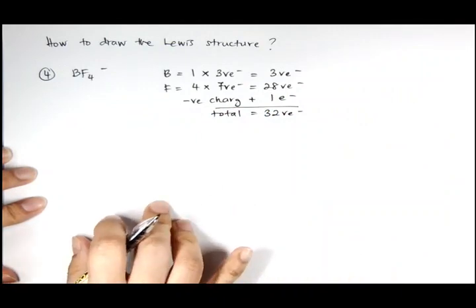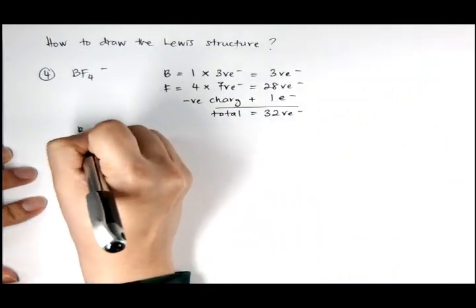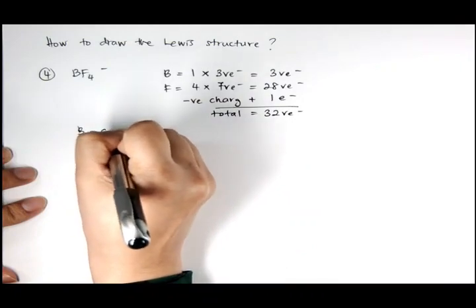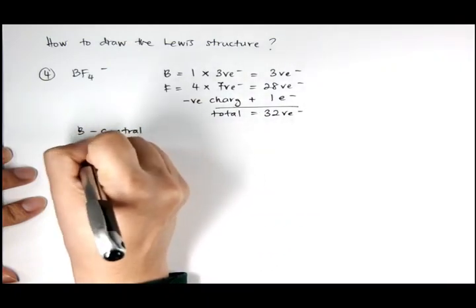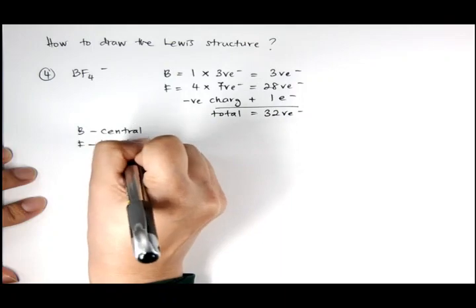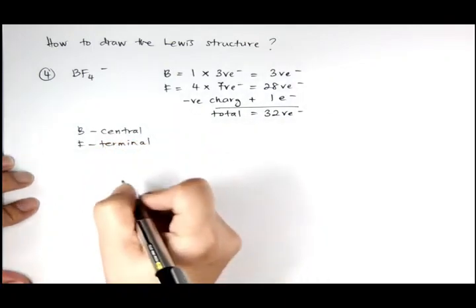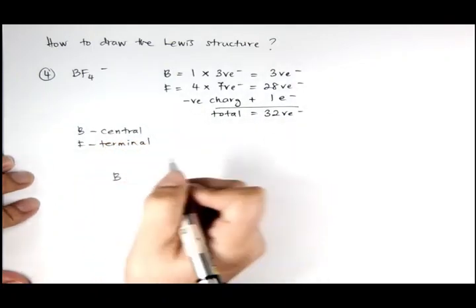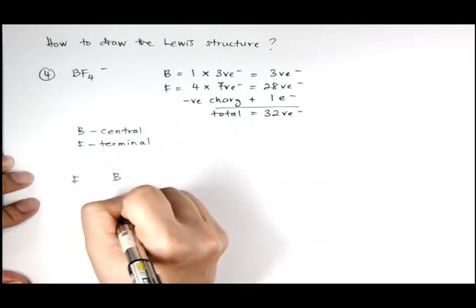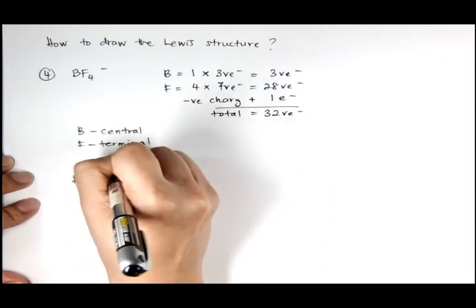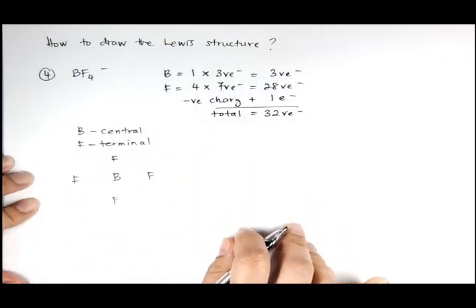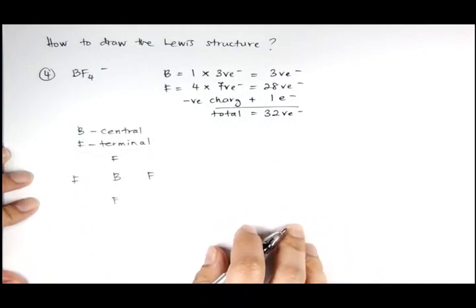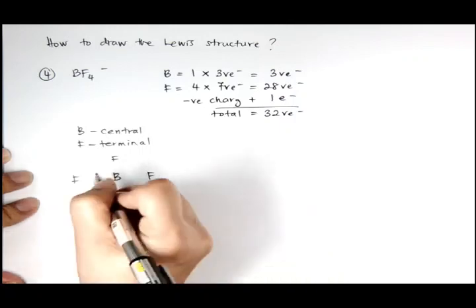In this molecule, boron is less electronegative, so it will be the central atom, while the fluorine will be the terminal atoms. So we locate boron as the central atom and the 4 fluorine atoms as the terminal atoms. The next step is to draw single bonds to show the bonding between the central atom and the terminal atoms.